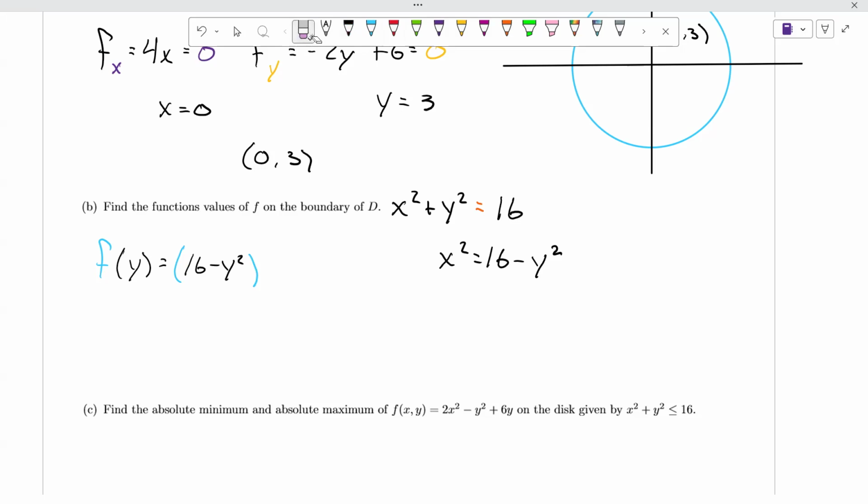Nope. Minus y squared plus 6y, which I could rewrite to be, don't forget the 2 that was there, 32 minus 2y squared minus y squared will be minus 3y squared plus 6y.